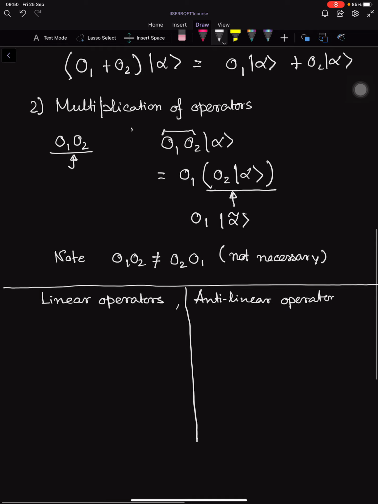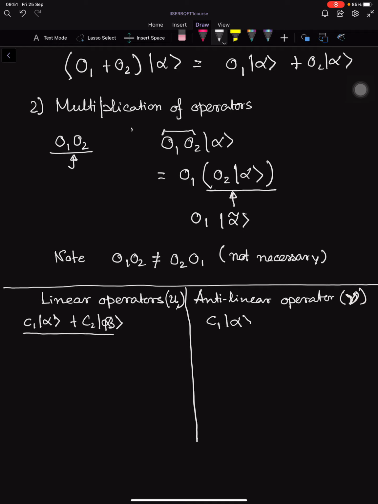Let's now take an arbitrary linear combination of ket vectors, C1 alpha and C2 beta. We denote the linear operator by U and define the antilinear operator by V. So let's say we are given these ket vectors.